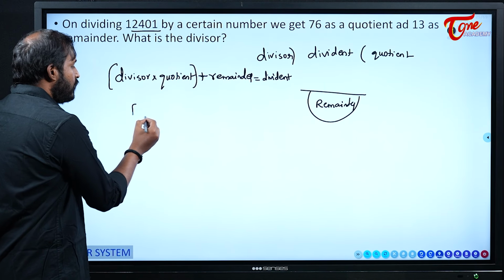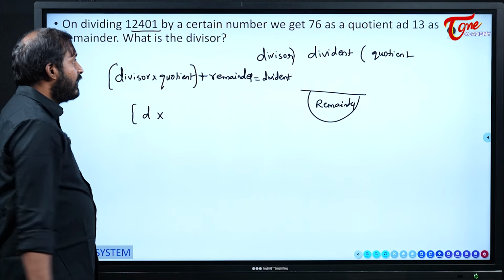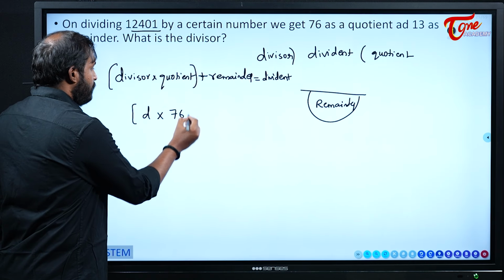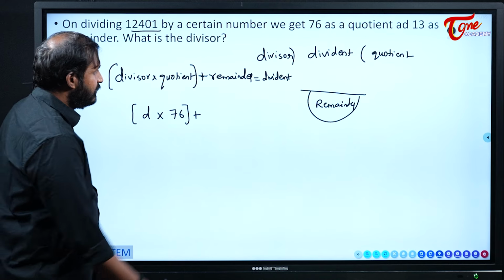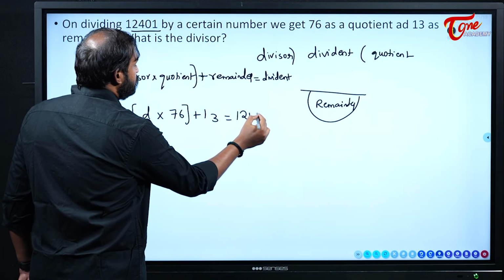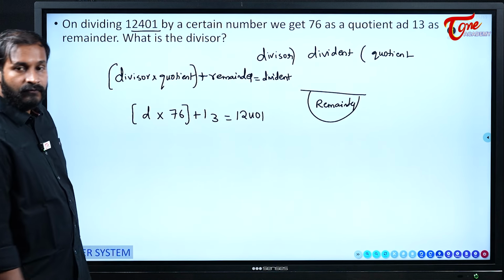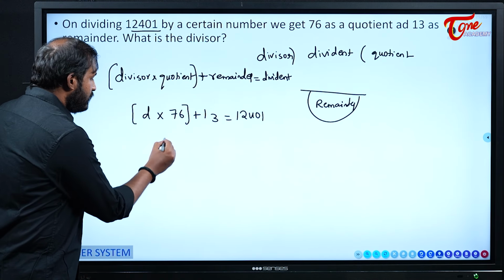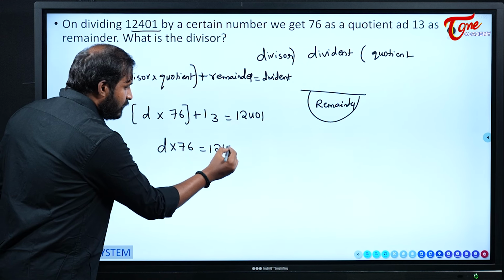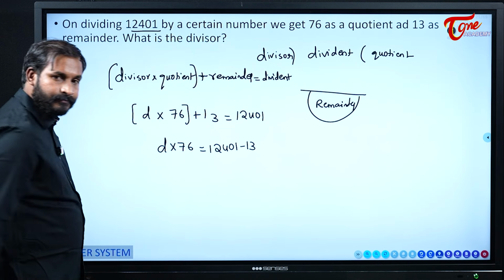Divisor we don't know, so let us assume it as D only. And what is the quotient they are giving? 76, plus what is the remainder? 13. That will be equal to my 12401. So now what can I write? D into 76 is equal to 12401 minus 13.